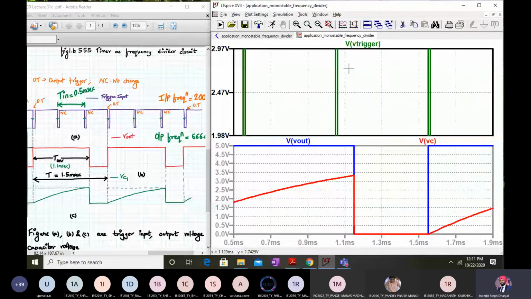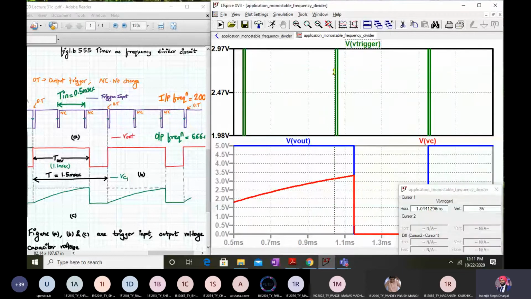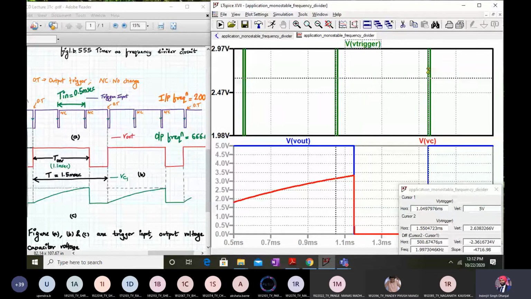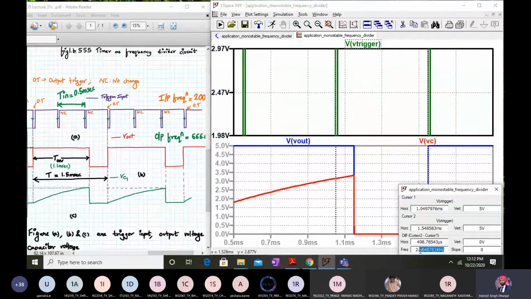Let me take the cursor and place it over here, and my second cursor I'll place over here. Do you see at the bottom you have 2 kilohertz, 2.004.